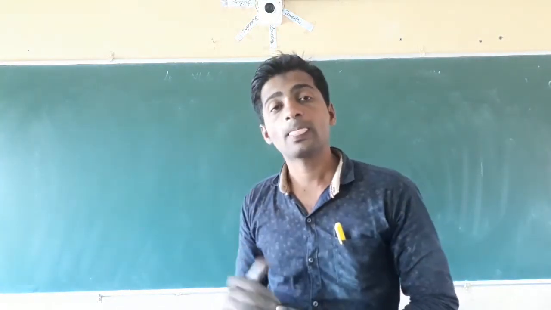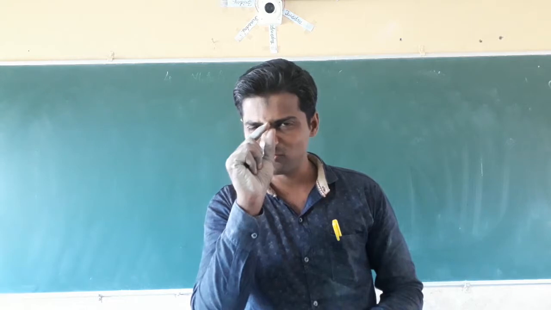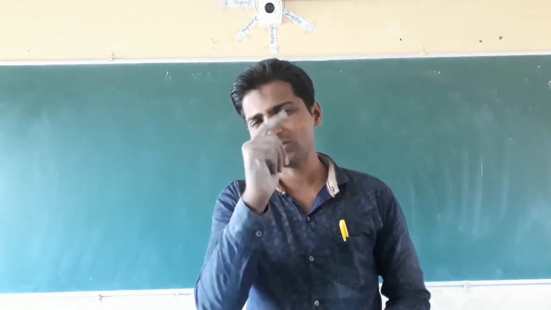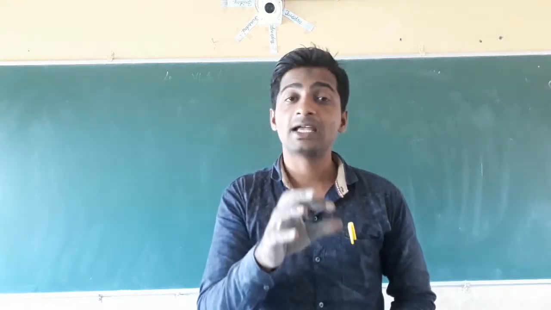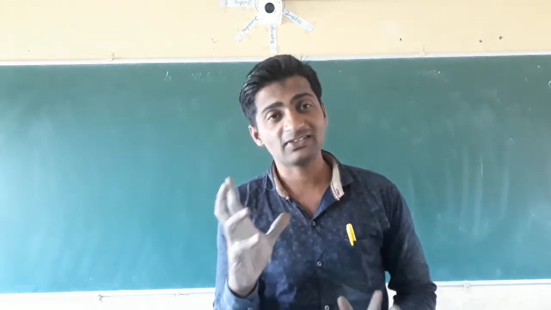Next, come to the clay soil. Clay soil is black in color and contains very fine particles, powdered particles we can say. In between the particles, the space is very less.